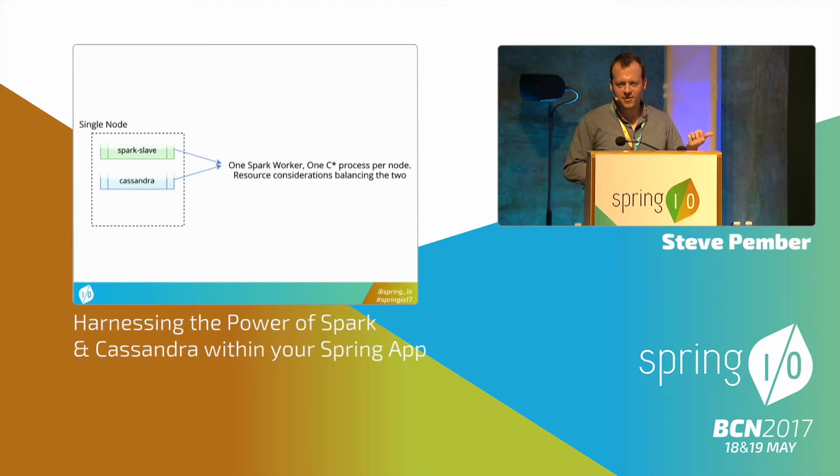They're both resource hogs, so this makes it a little bit tricky. It's recommended to give Spark slave one virtual CPU thread, and Cassandra one CPU thread, and then allow them to share the memory on the system. It's highly configurable. Each of these tools has configurations where you can say how many resources they're allowed to take, and that's one of the first things you need to worry about.